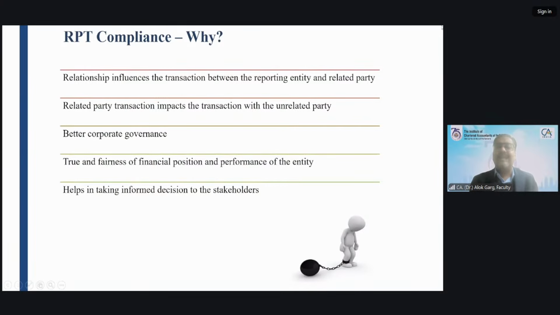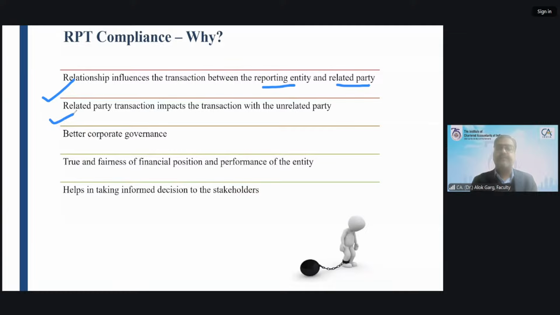So this related party relationship may influence the transaction between the reporting entity and the related party, and hence RPT compliance is important. Related party transactions also impact the transaction with the unrelated party.